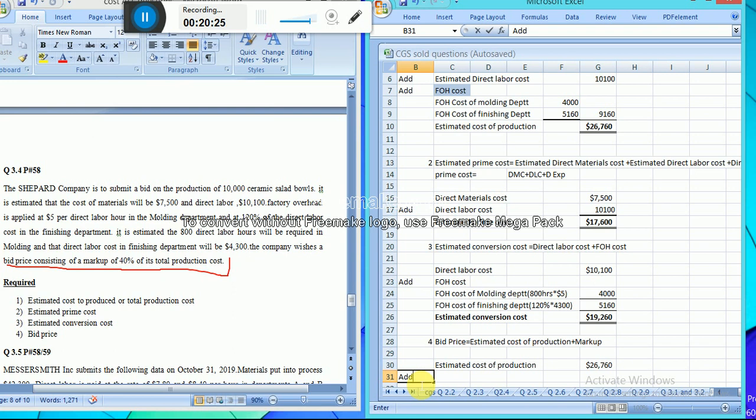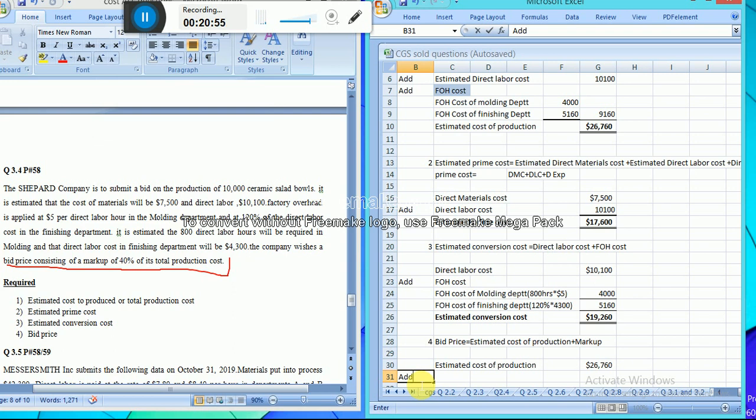Got this point? So should we sell it at 26,760? No. Why? 26,760 is our own production cost. We also have some more expenses on it, like marketing expenses, administration expenses, salaries, rent, etc. And we also expect some profit margin on it.